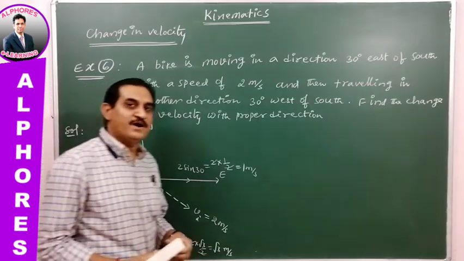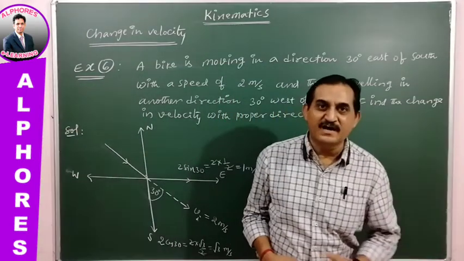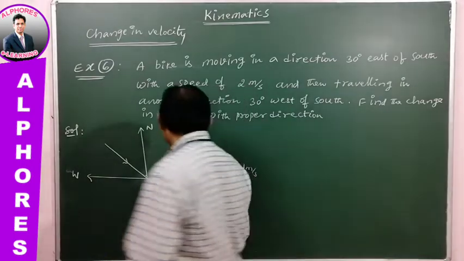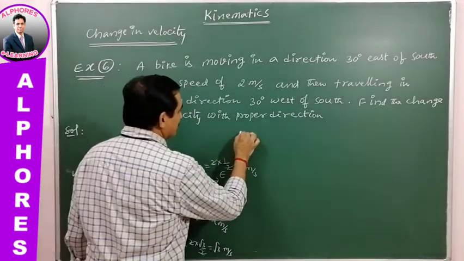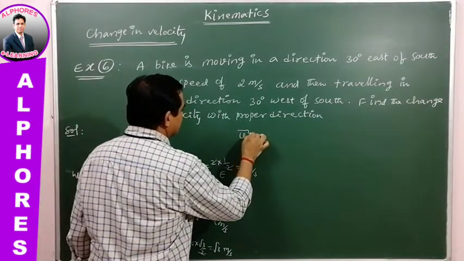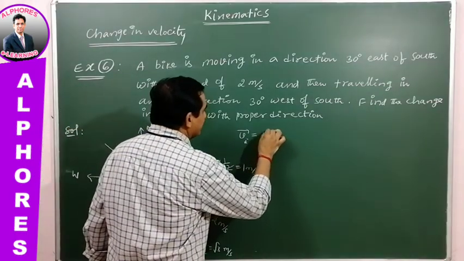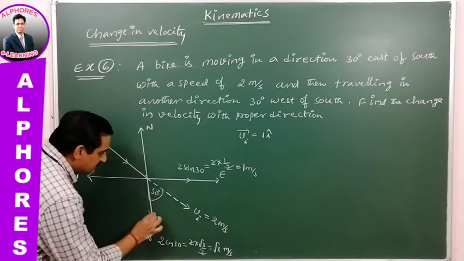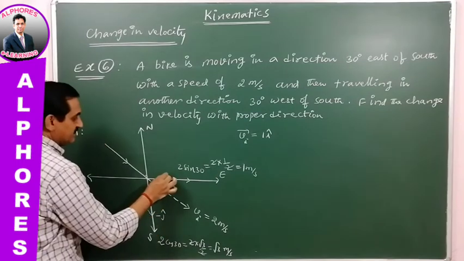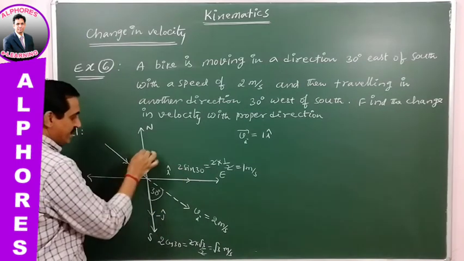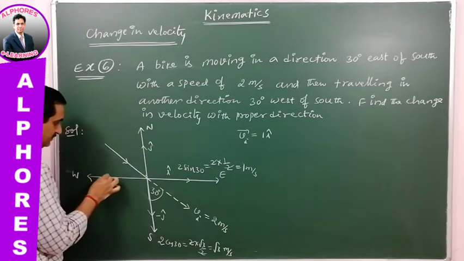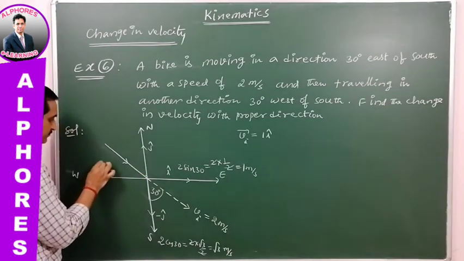That in vector form, we can write its initial velocity V initial is equal to 1I and this one is minus √3 j, this is I cap, this is j cap, this is minus I cap.